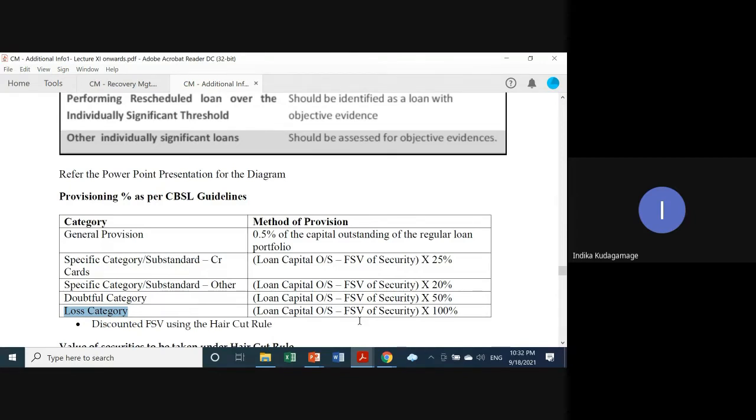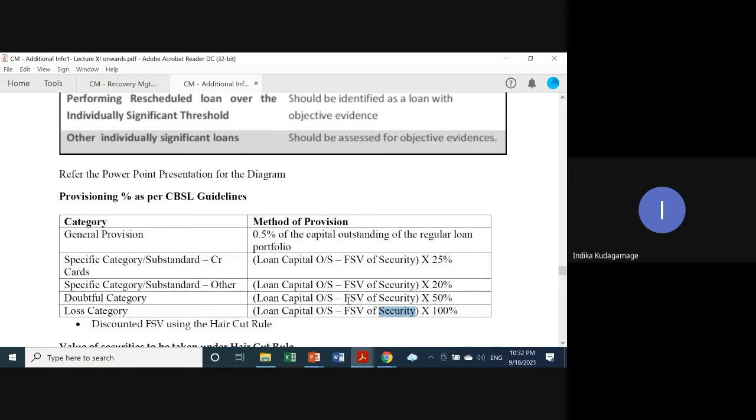You have to discount the FSV before taking 100%. That is called the haircut rule. Once it is loss category, you have to discount the FSV.